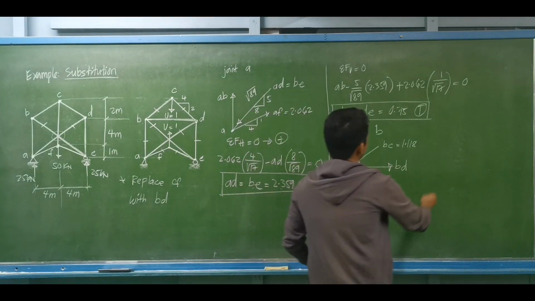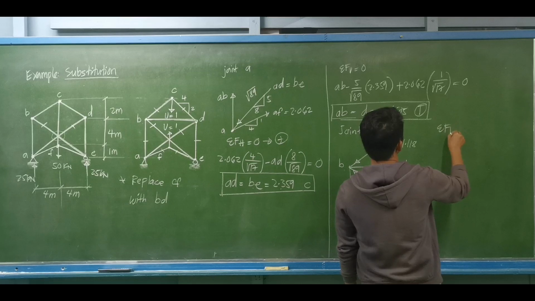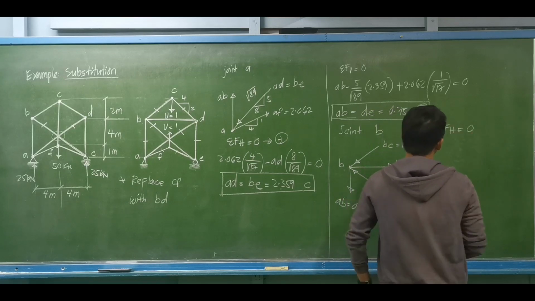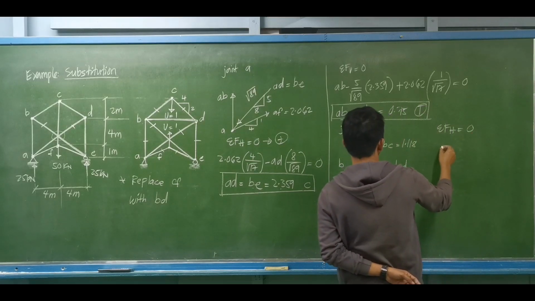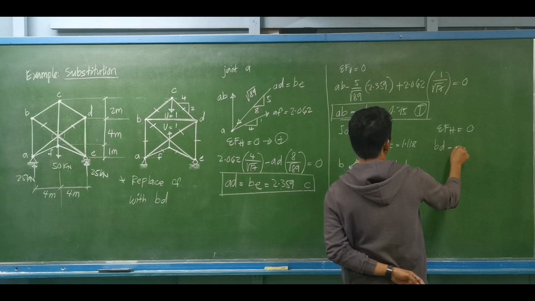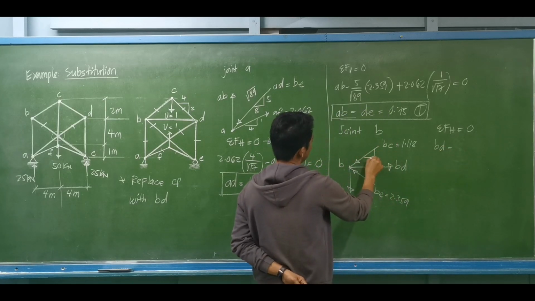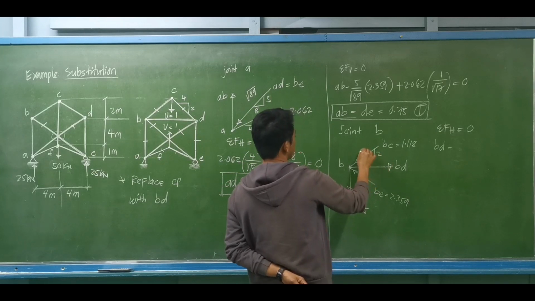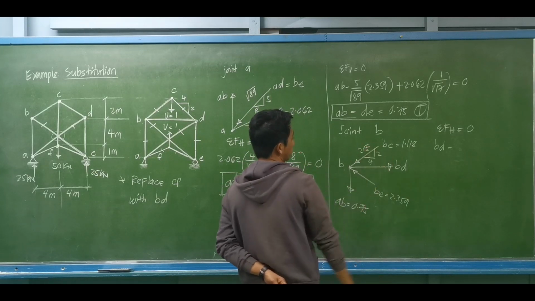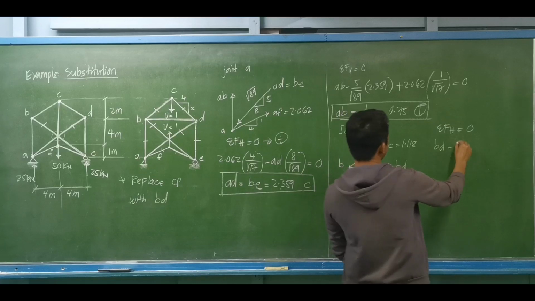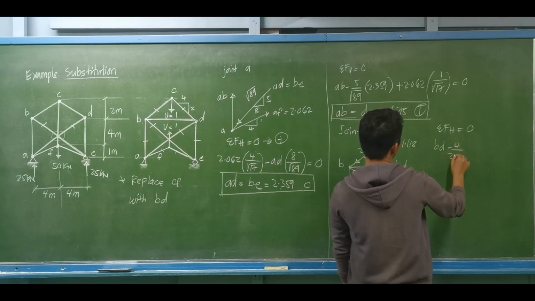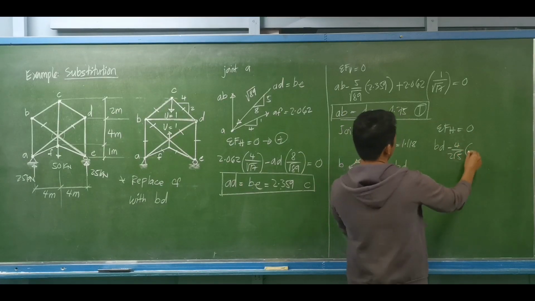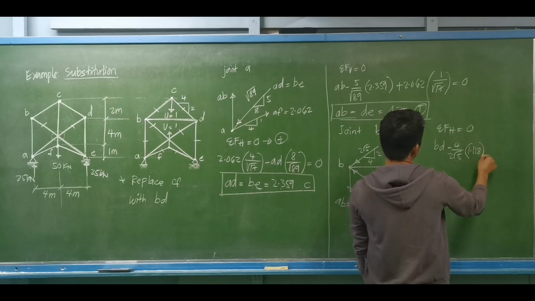So by summation of forces, horizontal equal to 0, we have BD minus... what was the slope of BC earlier? This is 2 vertical, for horizontal, 2 square root of 5. So the horizontal component, we have 4 divided by 2 square root of 5 of 1.118.